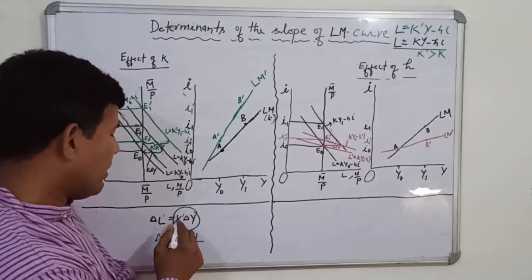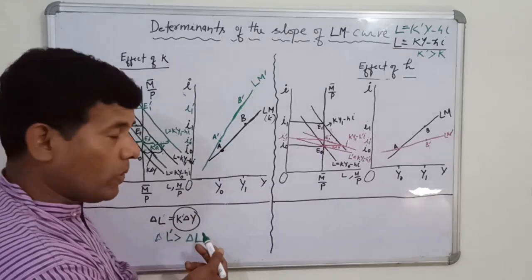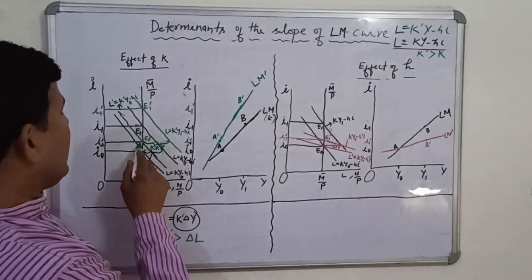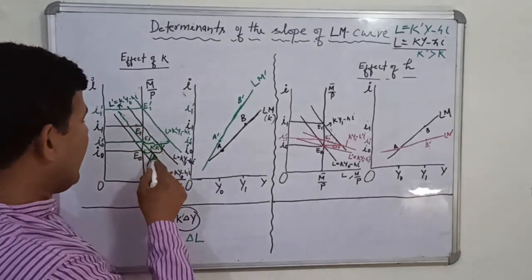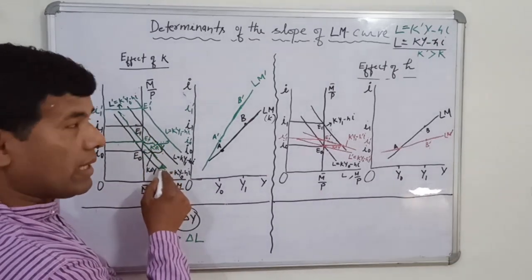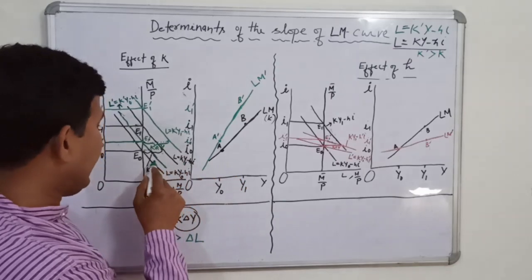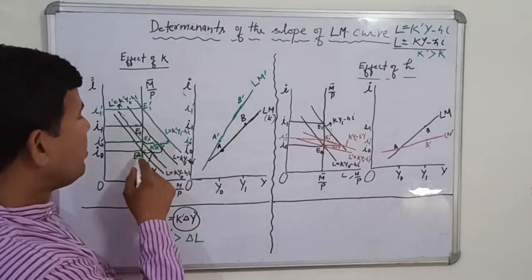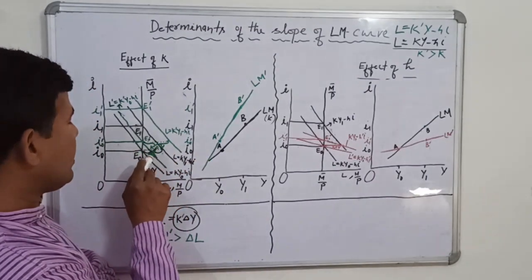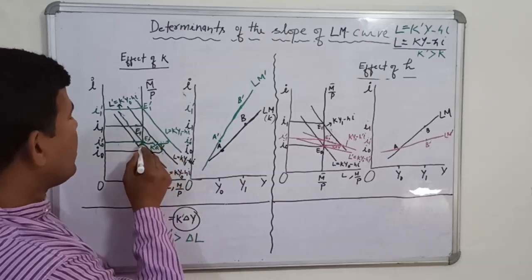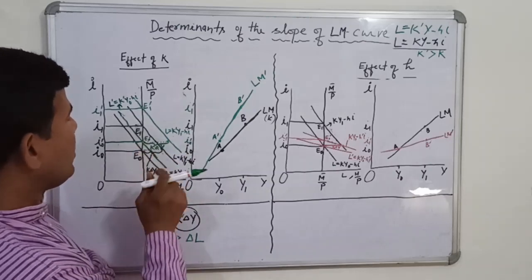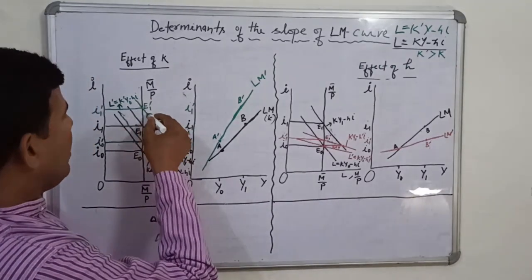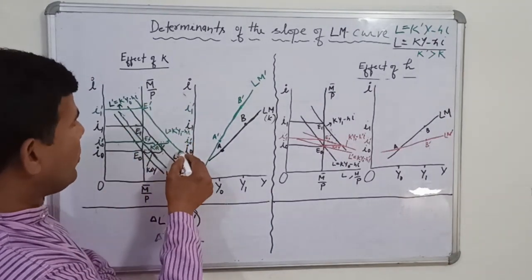Why? Because the value of the parameter which relates money demand and income has gone up. Therefore the horizontal shift of this green line, which stands for the new money demand line after the change in the value of K, would be more than what happened with the previous value of K. There the horizontal shift was K delta Y. Now the horizontal shift would be more than this, it would be K prime delta Y. So the green money demand line shifts rightward.